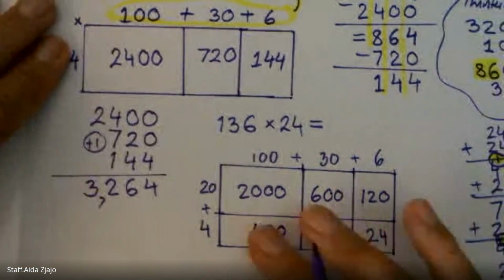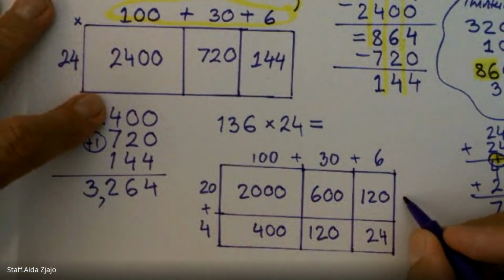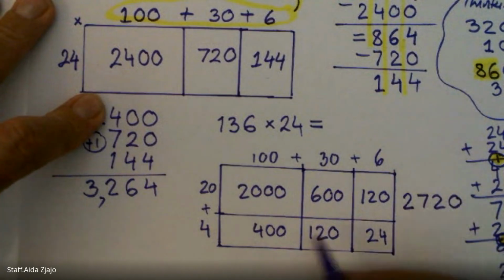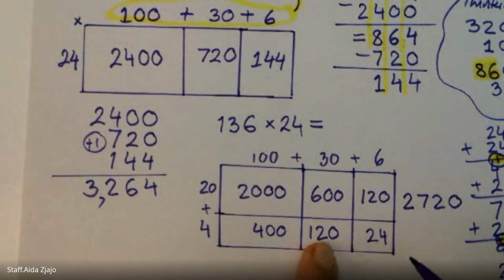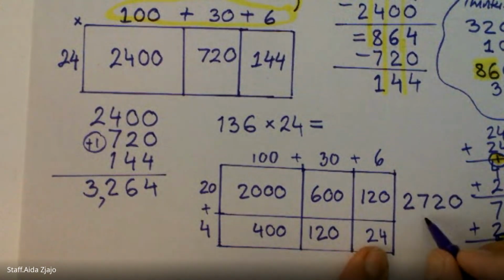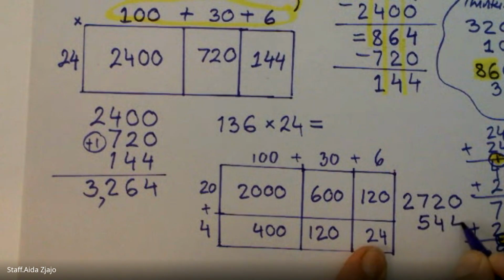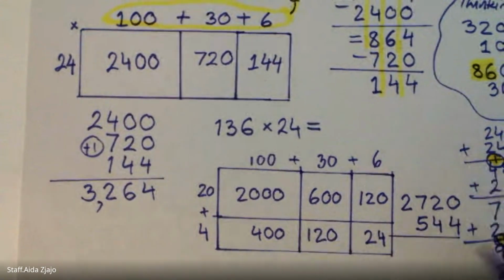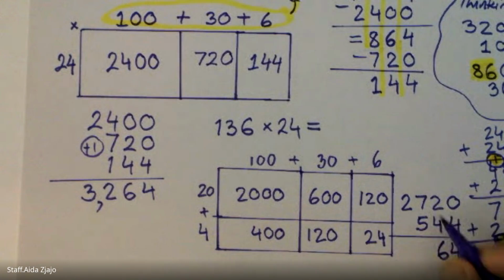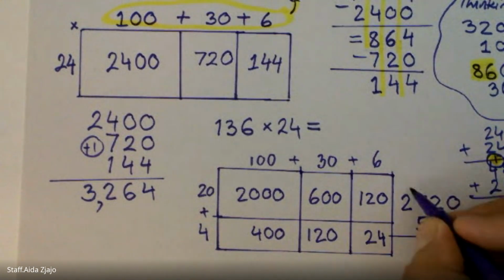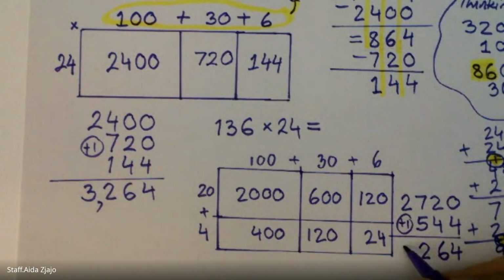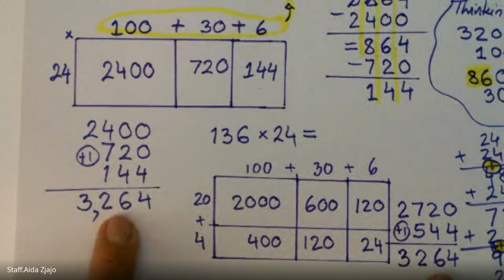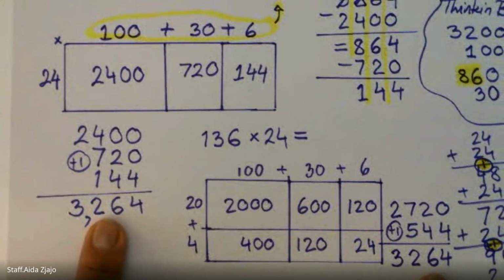Now, when you have this, it is 2,720, and this is 520, 544, and I add them together. They should be exactly 3,264, which is the exact number.